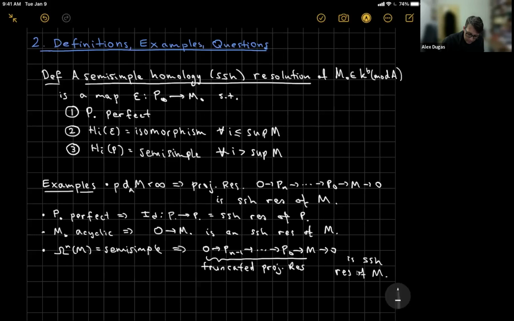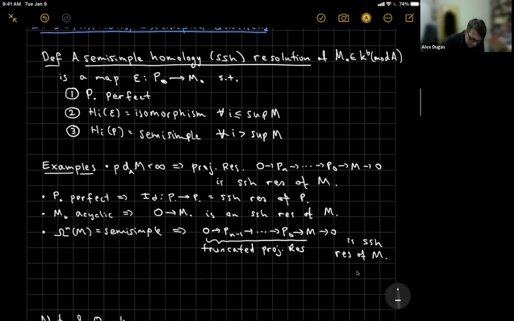And then one last example that's very common in commutative algebra is given by the Koszul complex.